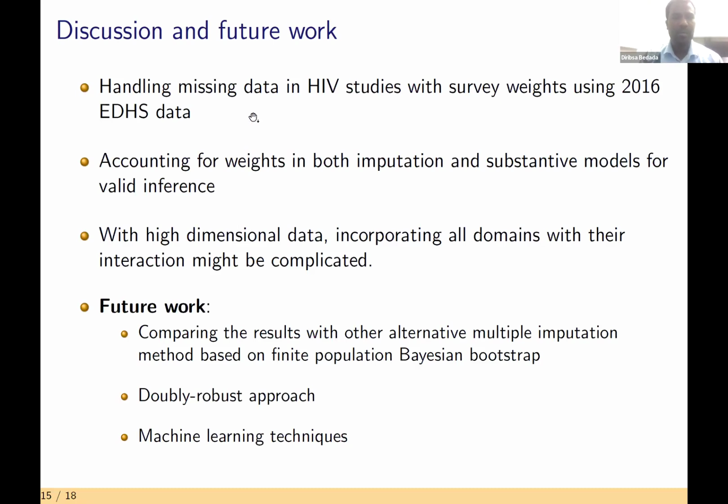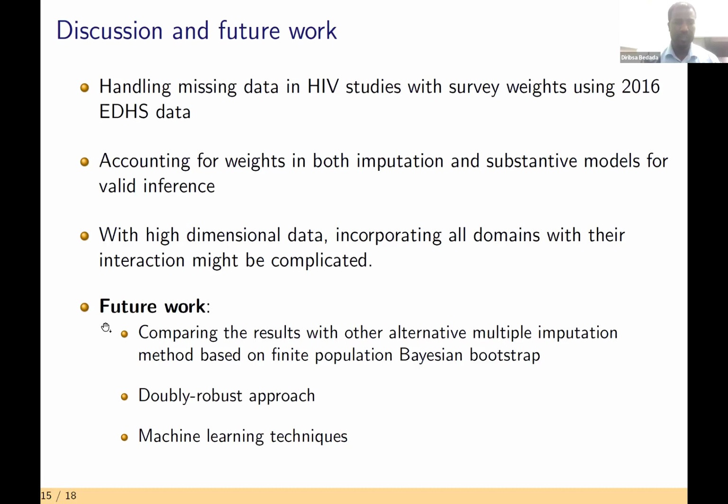Okay, in this project, we used several methods to handle missing data in HIV studies, and we compared them with the approach which can take into account the survey weights. Accounting for weights in both imputation and the substantive models for valid inference is very important. With high dimensional data, incorporating all domains with their interactions might be complicated and may need an advanced technique in this context.